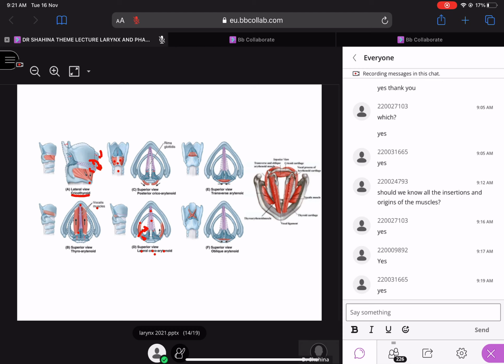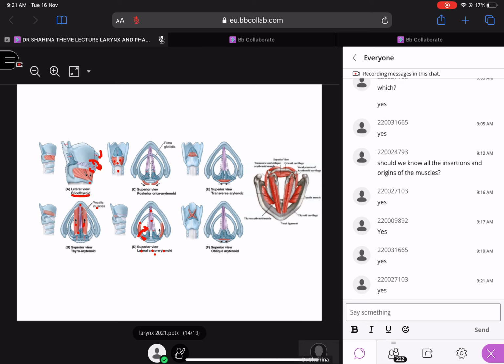When this tilts, this distance will increase, where the arrows are showing. So this will tense the vocalis. Okay, so the tensor of the vocal cord is the cricothyroid muscle. Got it? Is it clear to you?